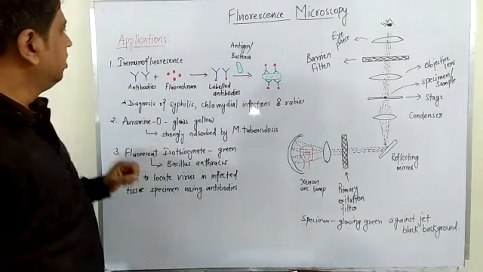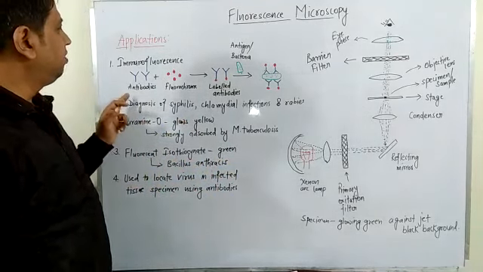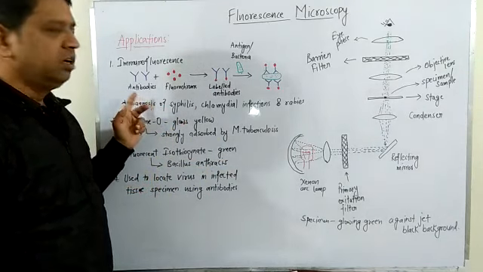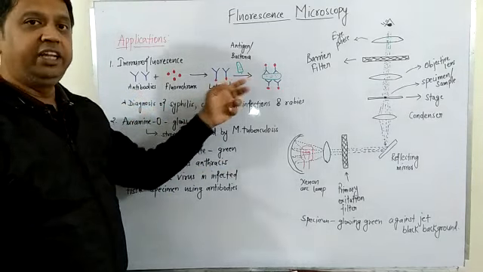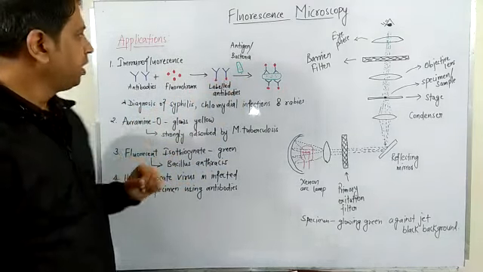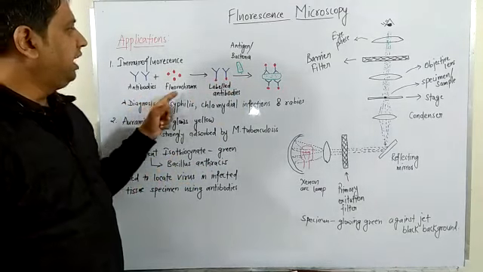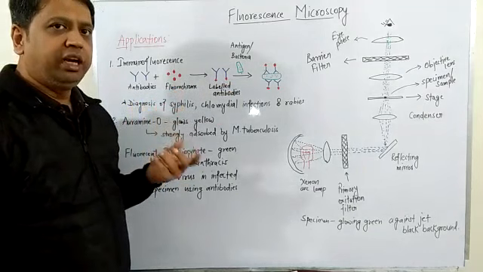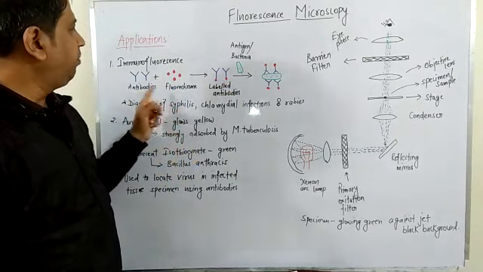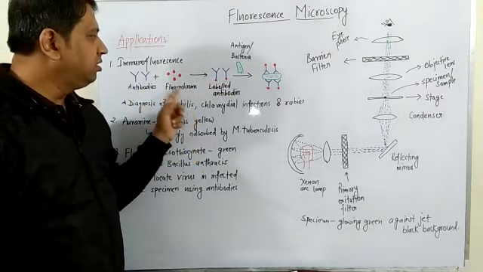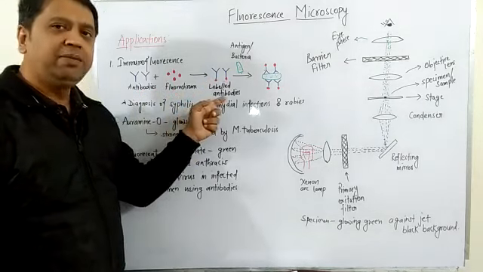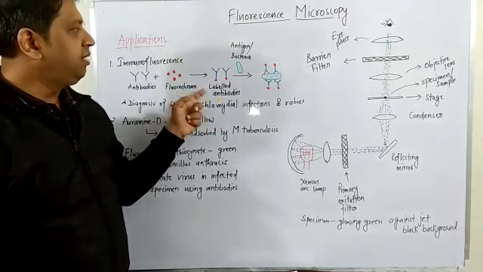In immunofluorescence, we use antibodies that are specific for the antigen we want to identify. These antibodies are labeled with a fluorochrome or dye, and are known as labeled antibodies.